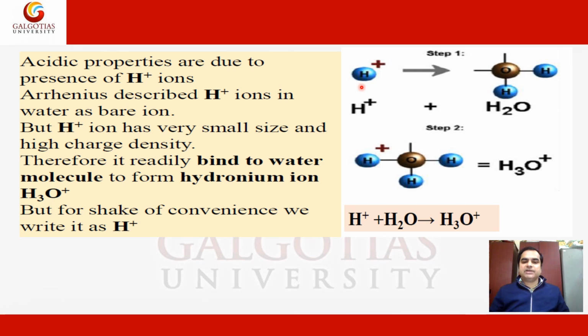H+ ions have a very small size and high charge density. Therefore, they readily bind to water molecules and form the H3O+ ion, which is referred to as the hydronium ion. But for convenience, we can write it as the H+ ion.